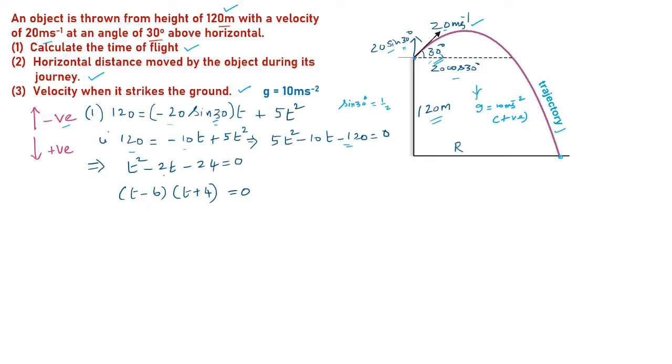When you factorize this, you get t minus 6 into t plus 4 is equal to 0. That means t minus 6 is equal to 0, or t plus 4 is equal to 0. But t plus 4 is equal to 0 gives t is equal to minus 4 seconds, which we have to neglect, because practically it is not possible to have t equal to minus 4 seconds here.